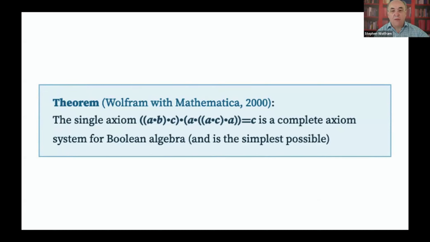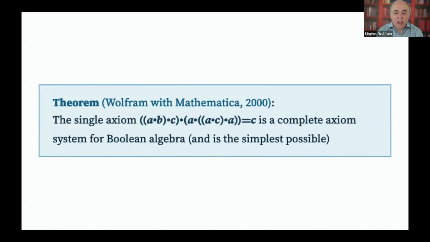I then just started enumerating possible axioms for Boolean algebra and using model theory methods to prune them out, and then got to a set of candidates which were potential axioms for Boolean algebra, and then proved that this one actually is an axiom for Boolean algebra using automated theorem proving.